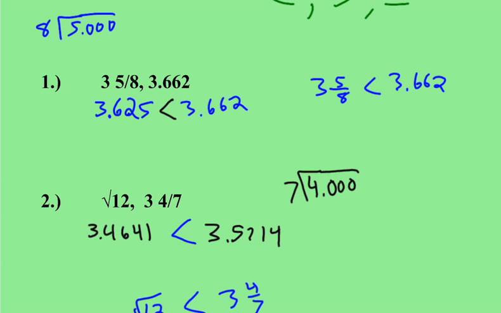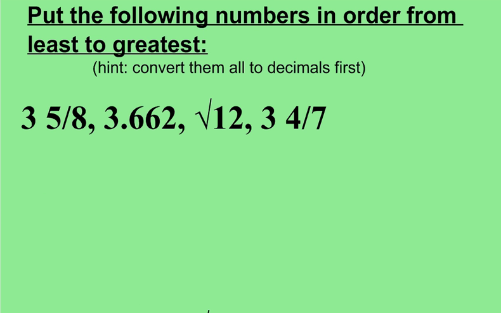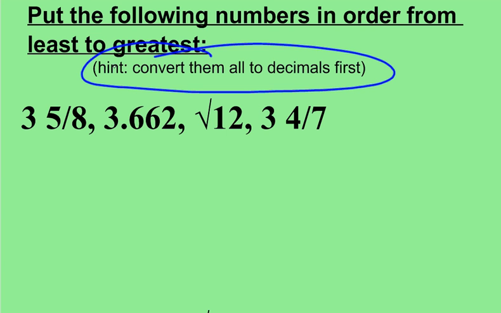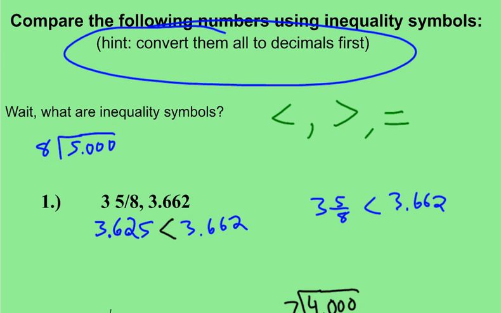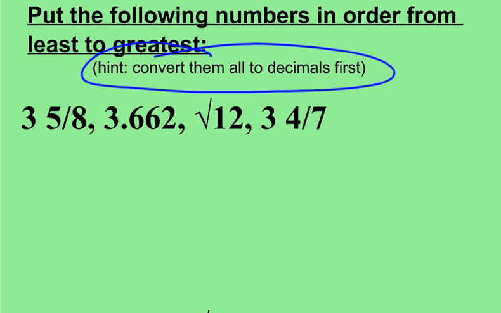Let's do the same thing, just putting numbers in order from least to greatest. So more than two numbers. Put the following numbers in order from least to greatest. And convert them all to decimals. No way. But yes, that makes it easier. And actually, I think we just worked with these four numbers. So let's recall what those were. 3 and 5/8 was 3.625. 3.662.